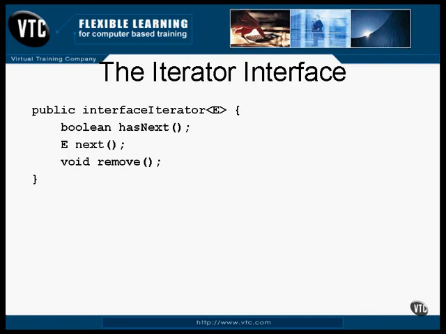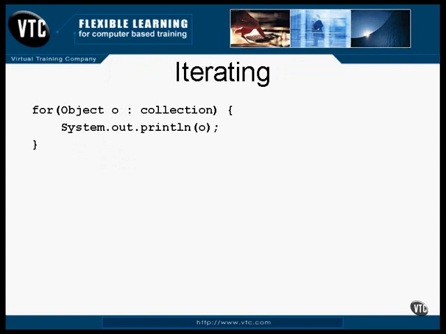Using an iterator is straightforward enough, and it gives you control over your iteration. But some new syntax has been added to the Java language just for this special purpose. This special form of a for loop is for iterable objects only. The reference to an object named o is declared as a new variable.